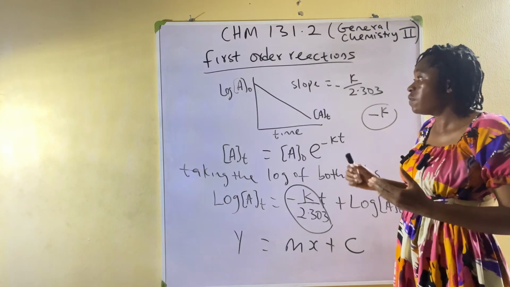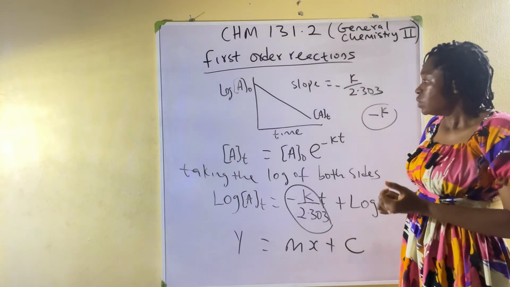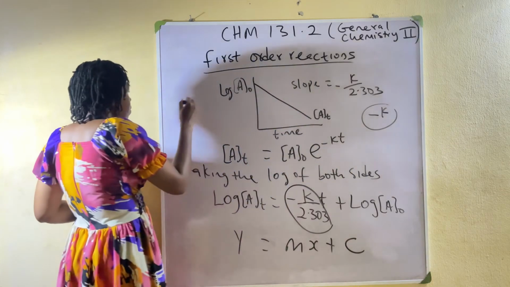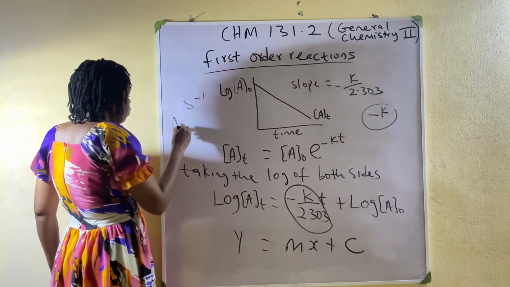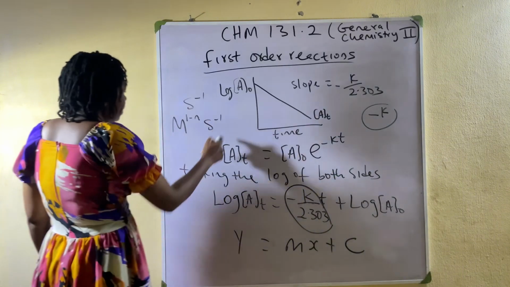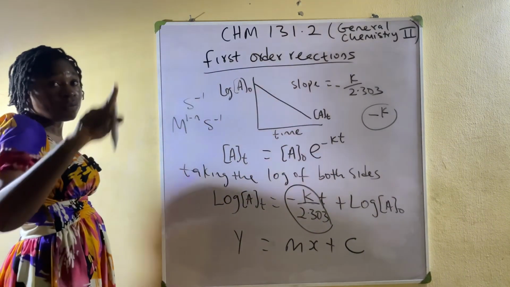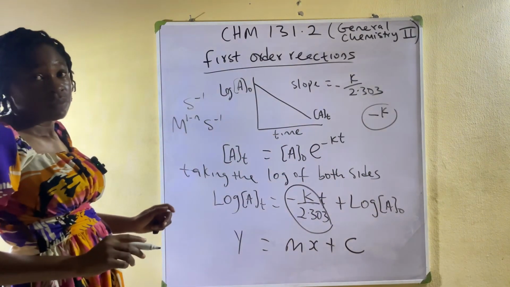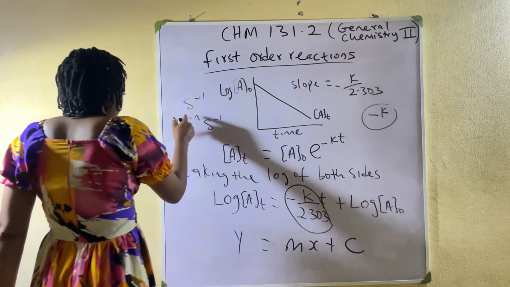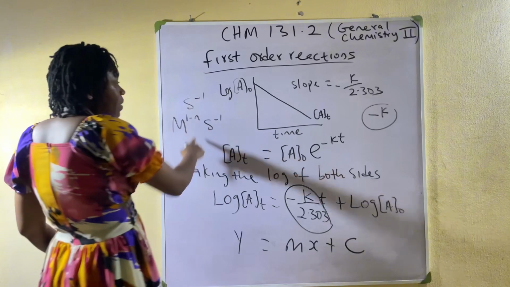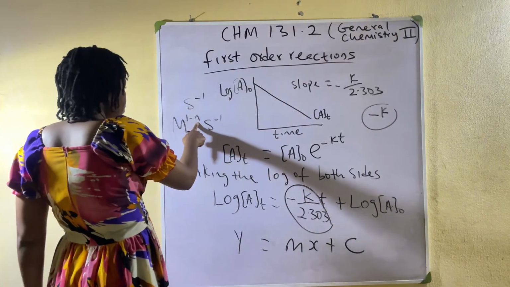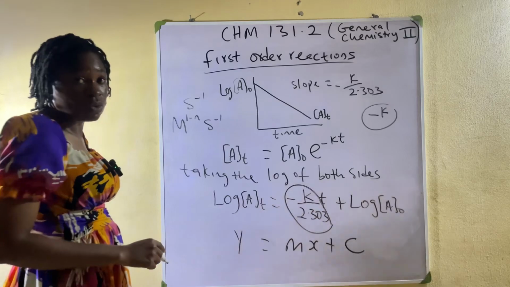What should be the unit of the rate constant of a first order reaction? The unit is per second, because if you use the formula 1 minus n, with n representing the order of reaction, 1 minus 1 gives 0, and anything raised to the power 0 is 1.